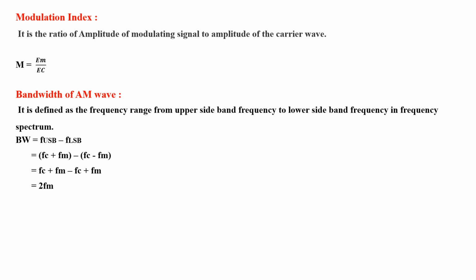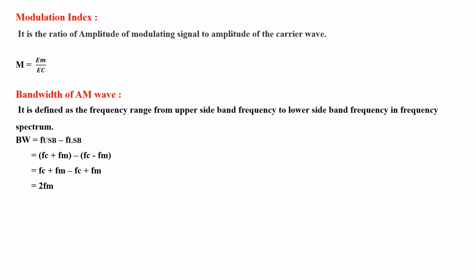The second parameter is the bandwidth of the AM wave. It is defined as the frequency range from the upper sideband frequency to the lower sideband frequency in the frequency spectrum. Generally, bandwidth is the difference between the two frequency bands, and hence we write the formula for bandwidth as the upper sideband frequency minus the lower sideband frequency.